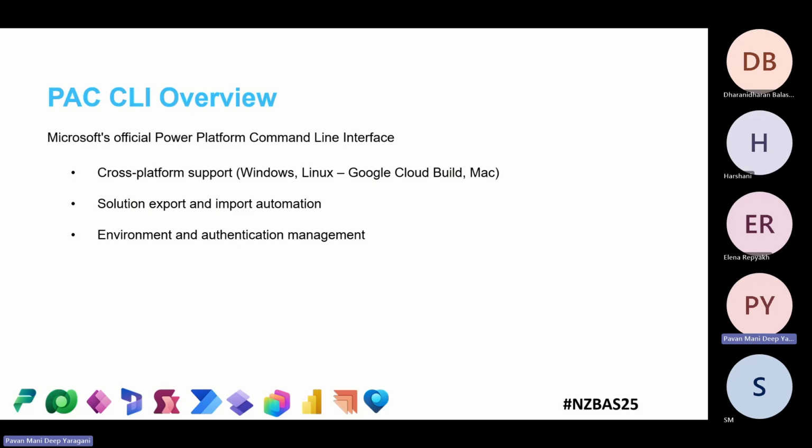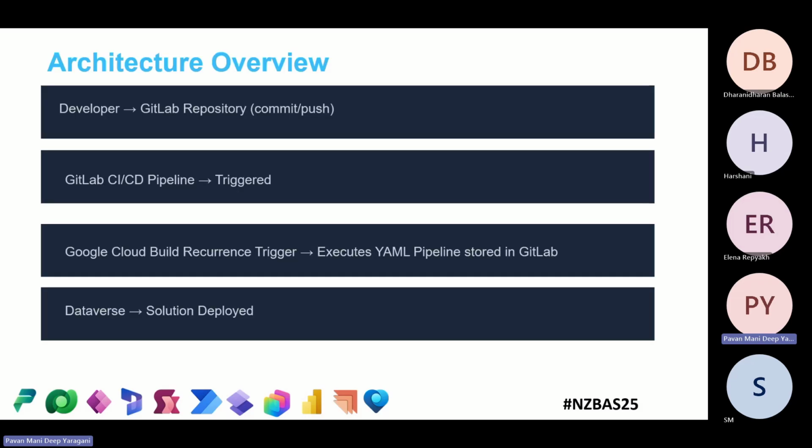There are a couple of lines which we need to be aware of, and those two lines are very important when we are running a pipeline. Maybe I'll be showing those things in the next few minutes. Once we get those 2-3 lines right, we will have the complete pipeline running. Okay, so this is our architecture.